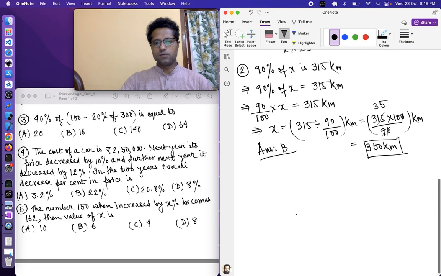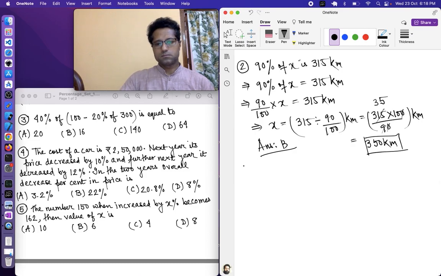Let's solve question number 3. 40% of (100 minus 20% of 300) is equal to. Okay. So the expression looks complex, but you need not worry. You have to systematically evaluate the given expression.